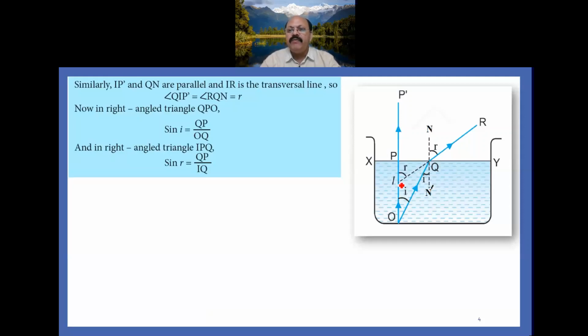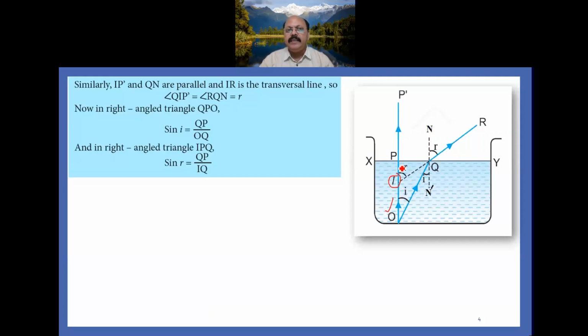So it meets the first ray OP at point I. Then I is the virtual image of the object O. Then this PI is the apparent depth.